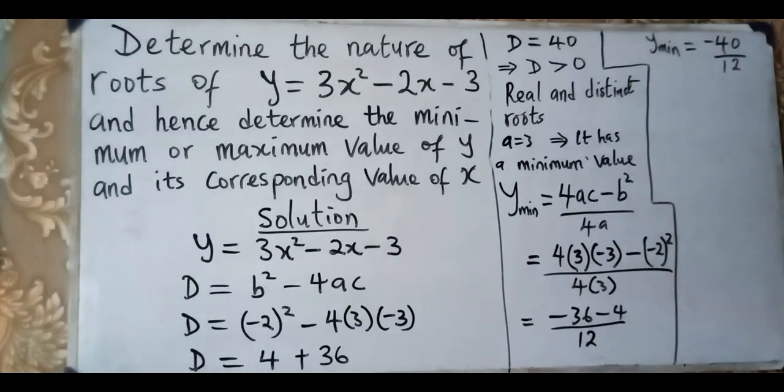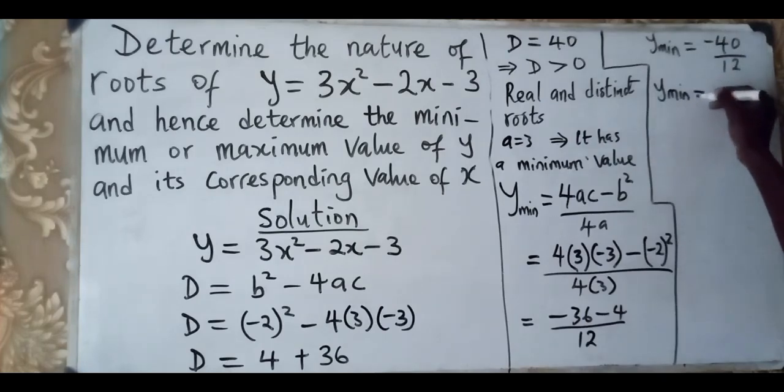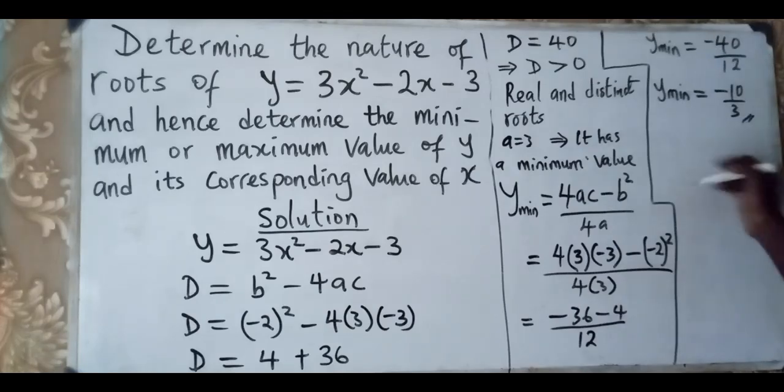Reducing this to its lowest term, y minimum becomes minus 10 over 3. So the minimum value of y is minus 10 over 3.